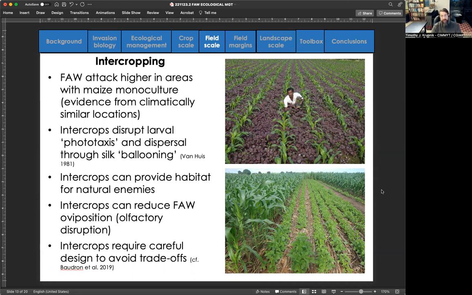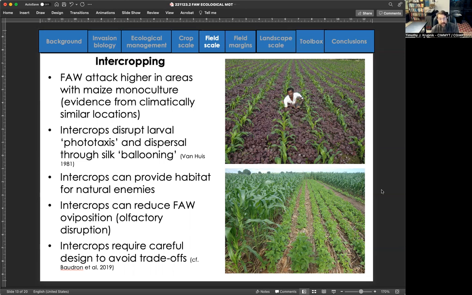Intercrops, as with zero tillage mulches and/or particular weeds, as I mentioned, may also disrupt larval dispersal of early instar larvae from host plant to host plant by creating a physical barrier for larvae that are ballooning and moving from plant to plant.